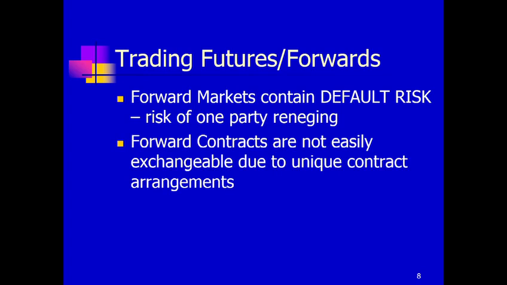So that on any given day, if you decide to renege, if you decide to run away, how much risk does the exchange have to take on? If you make money on one day, you receive that money. If you lose money on the day from the futures trading, then you have to pay the money. So if you decide to run away before the contract expires, how much risk does the exchange have to carry?